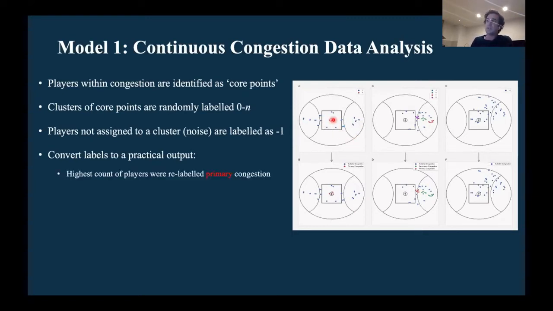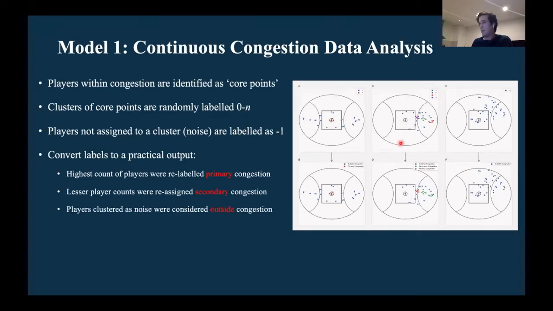The core points, or the clusters of congestion, were relabeled primary congestion if it had the highest count of players. If more than one cluster was identified, the lesser number of players within that was converted to secondary congestion. And finally, if players were labeled as noise, they were translated to outside congestion. So they were our three output labels.